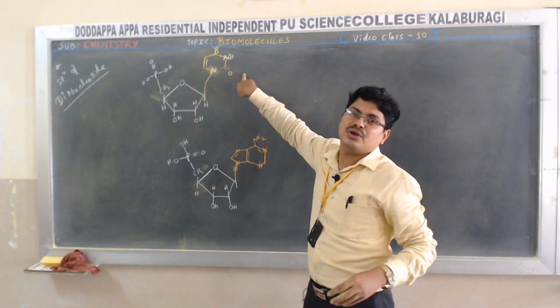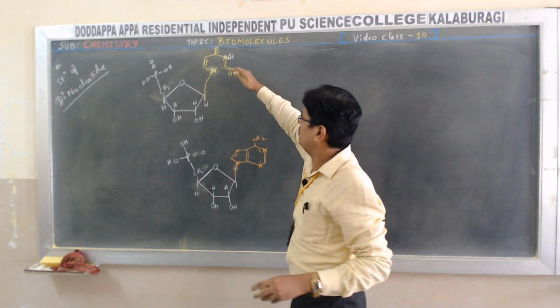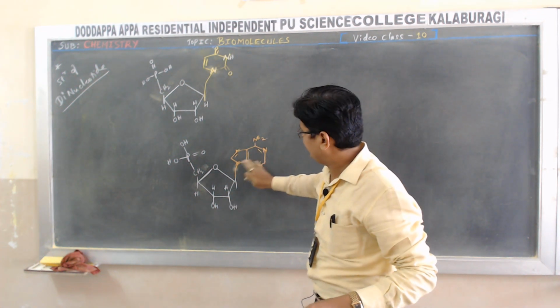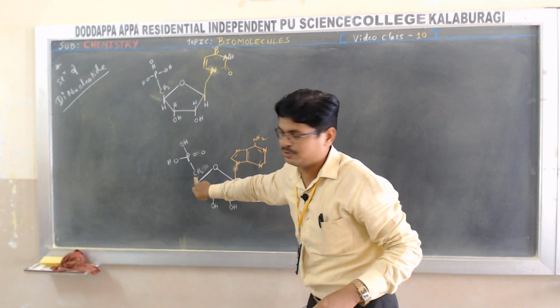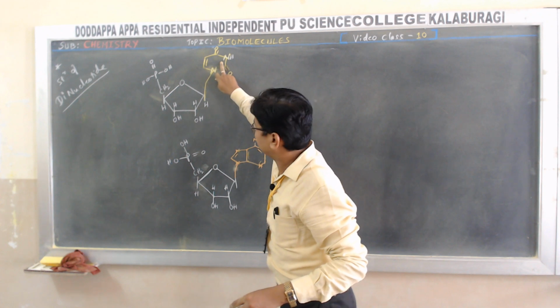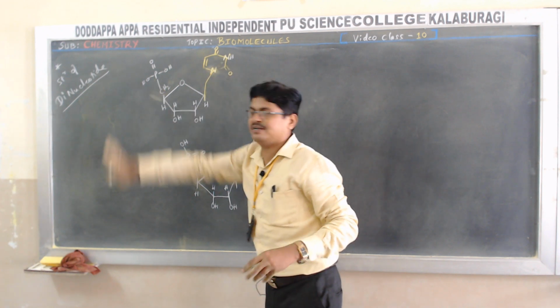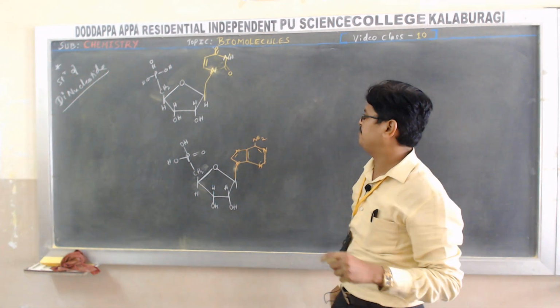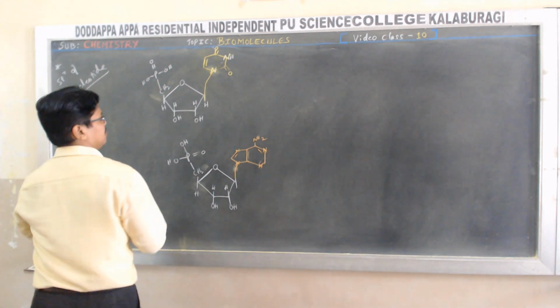It becomes uridine 5-phosphate. Uridine 5-phosphate links with what? Adenosine 5-phosphate. This is the fifth carbon. When these two combine with each other, at the carbon number, look at here.